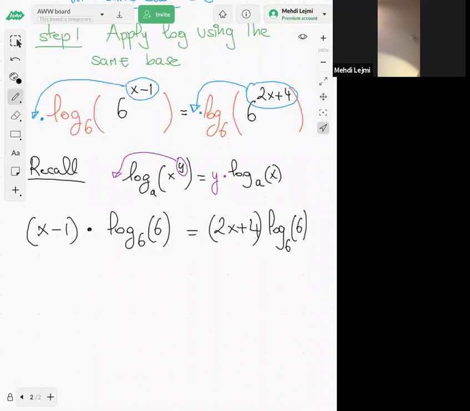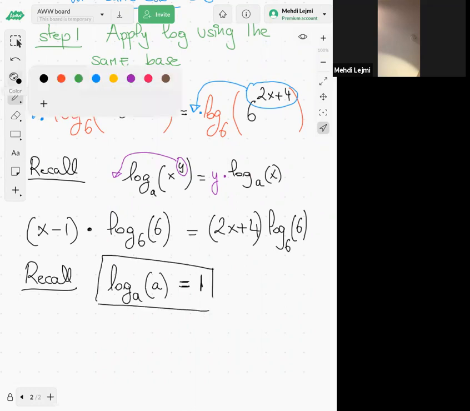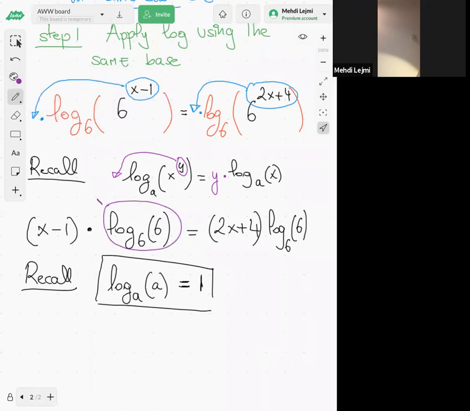That's another property of the log. So let me remind you: if you have the same base, log in base a of a is always equal to 1. Like here, log in base 6 of 6 is equal to 1, and this log in base 6 of 6 is also equal to 1.